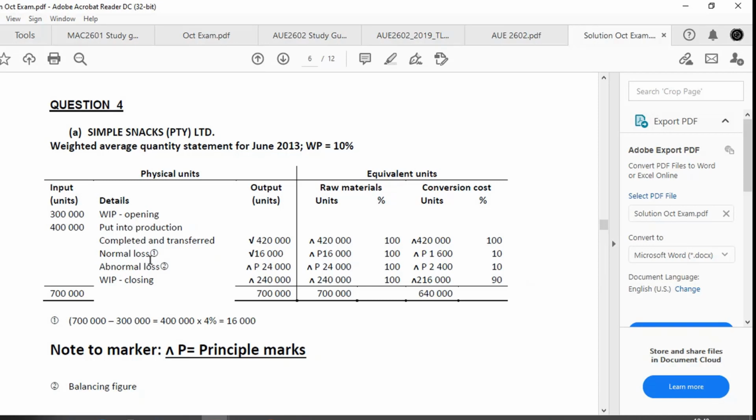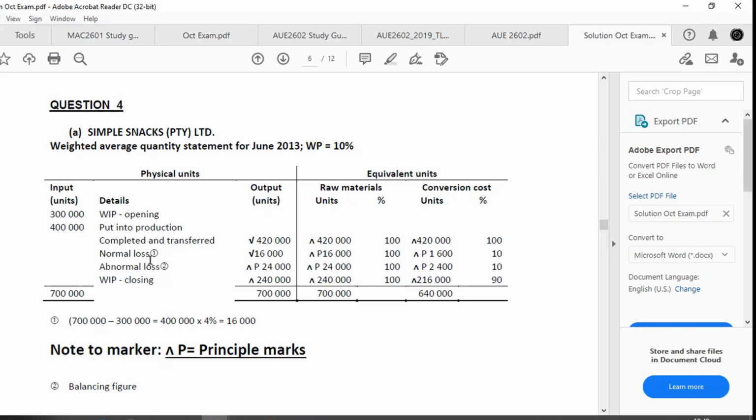So yeah, the equivalent units, the completed side, the raw material is again 420,000, 100%. Conversion cost units again 420,000, 100%.